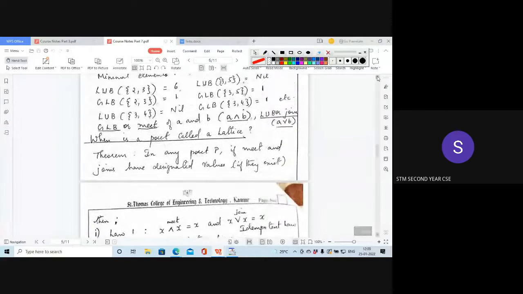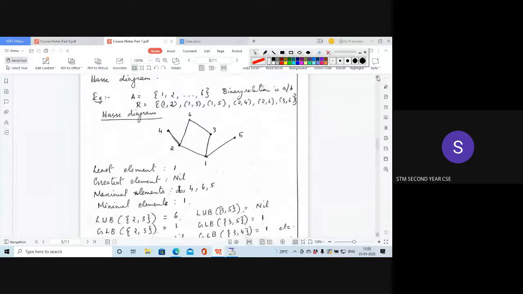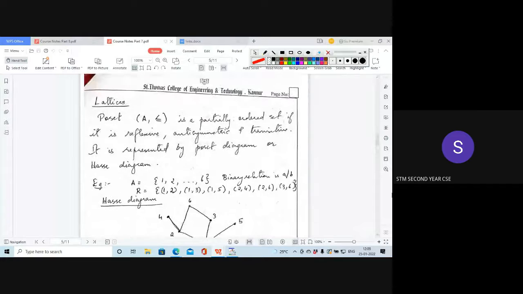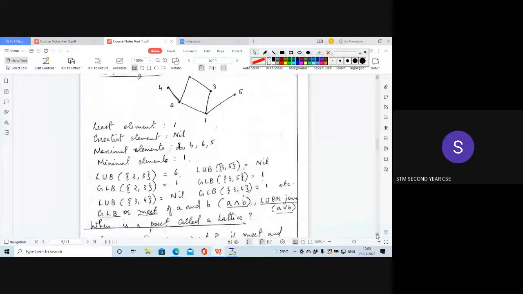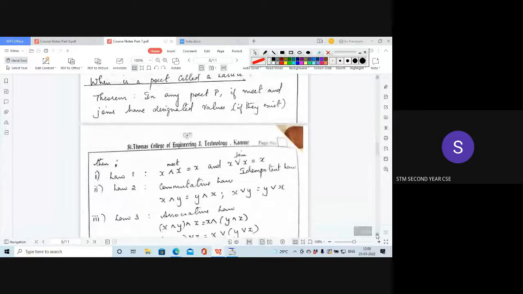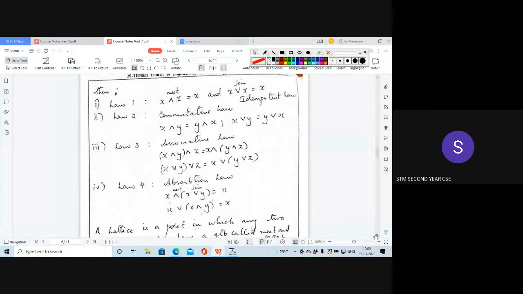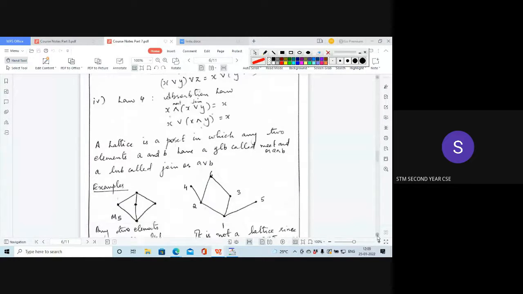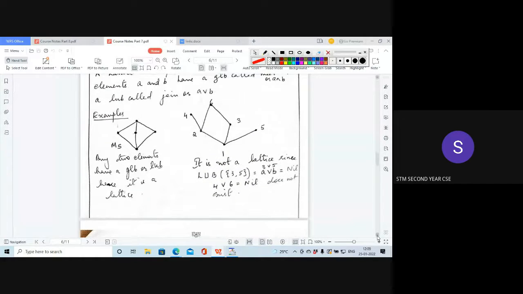So we studied what a lattice is, and what properties should be satisfied by a lattice. Given a Hasse diagram, you have to identify whether it is a lattice or not. A lattice will satisfy the following four properties. To check if it is a lattice, you have to consider each pair of elements.